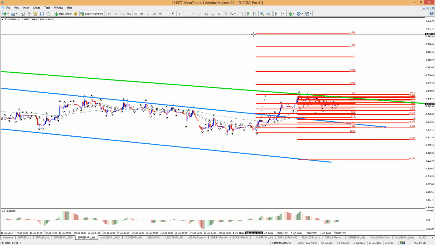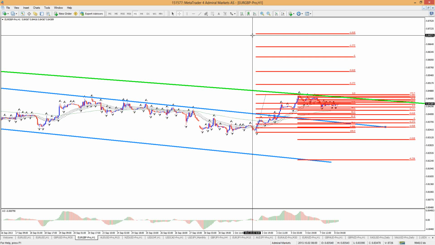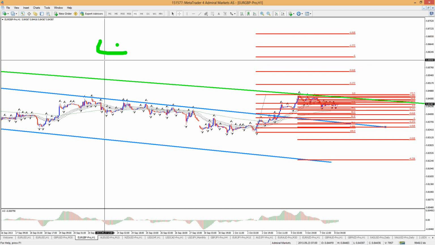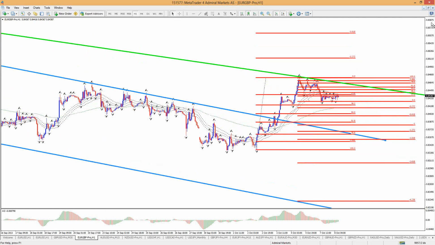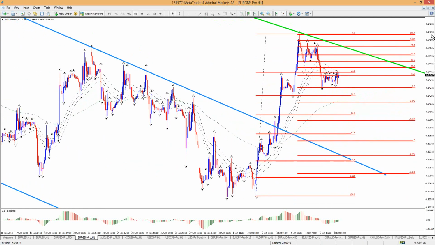That will take substantially less time for the trade to materialize. It would still be 300 pips versus 75. It would still be a 4-to-1 trade, right? But the time factor would be a lot less. So it depends on your ambitions. If you want to get out faster, then aim for that 4-to-1 at 87.